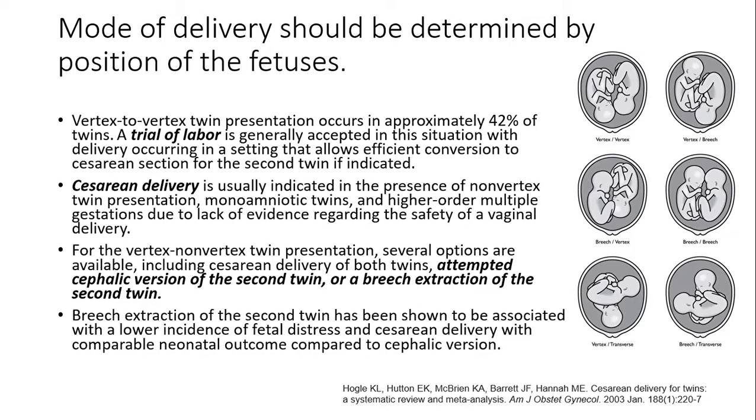For the vertex, non-vertex twin presentation, several options are available, including caesarean delivery for both twins, attempted cephalic version of the second twin, or a breech extraction of the second twin. But if the first baby is in breech position, caesarean delivery is usually recommended.